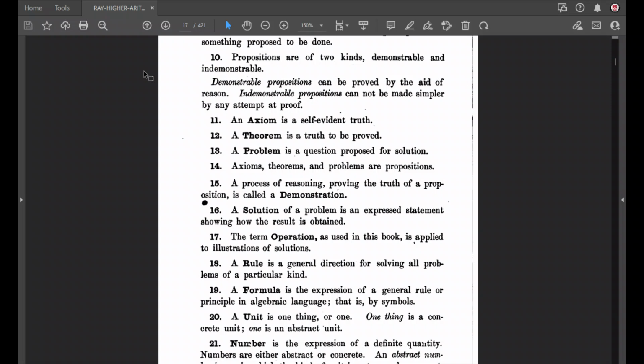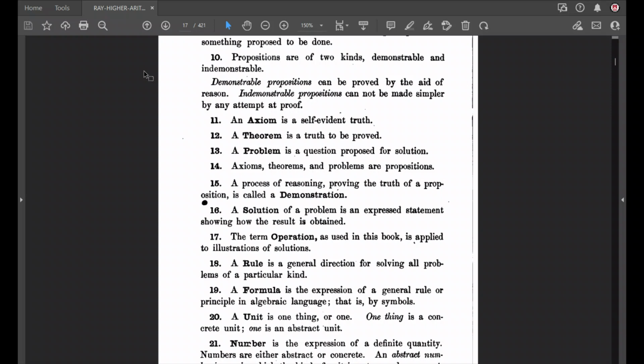So we have a rule, which is a direction for solving problems of a certain kind, and a formula is a certain way of writing a rule. A formula is using algebra to write a rule using symbols. So if you want to learn how to calculate the speed, we talked about this the other day.